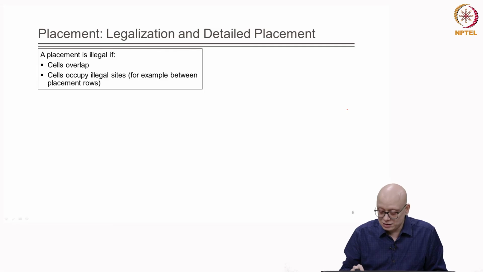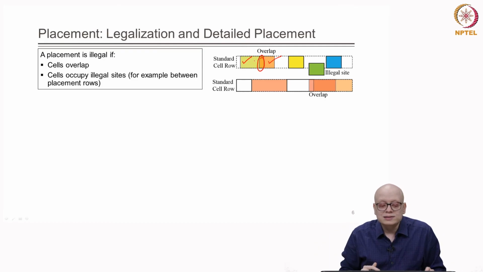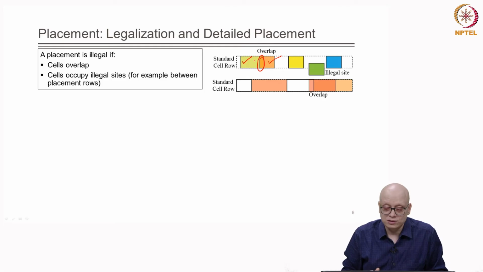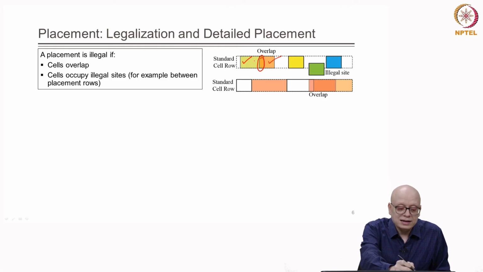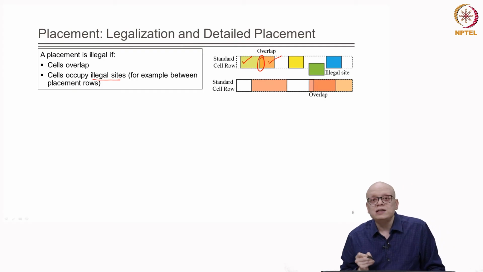For example, if this is one standard cell and this is another standard cell, and there is overlapping between these two, this is an illegal placement for these two cells. Sometimes cells occupy illegal sites, for example, between the placement rows.